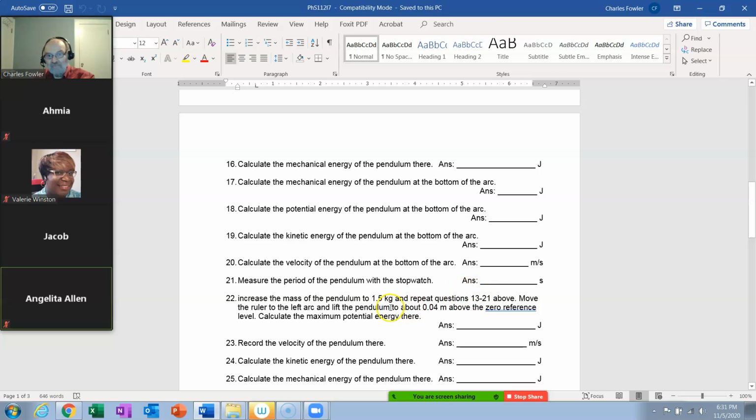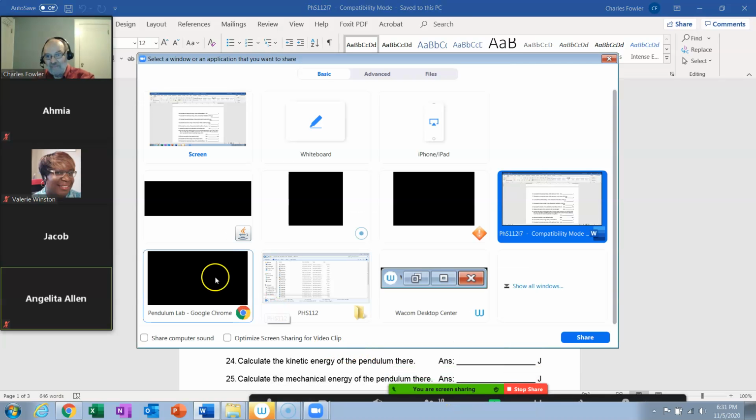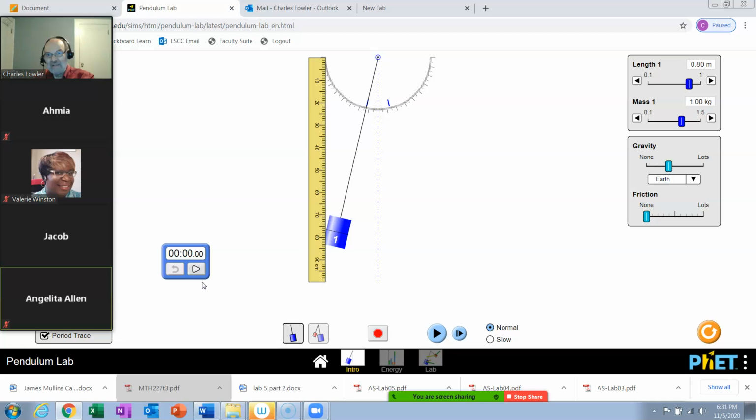Okay. Measure the period of the pendulum with the stopwatch. So let's go here. Back to the pendulum lab. And I'm going to start it moving here, and then I will try to do the trace. Start, stop. 1.73.